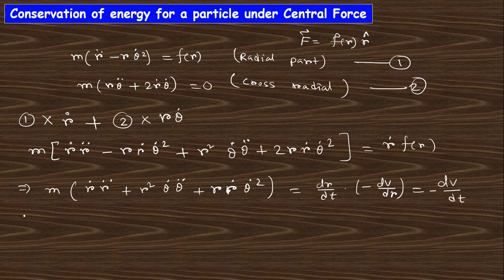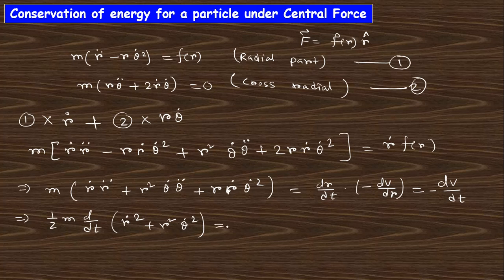So you can write minus dv dt, and this can be written as half m d/dt of r dot square plus r square theta dot square. Just take the derivative: you will get 2 r dot r double dot, and for the next term r square, 2 r dot, here the half is given, 2 theta dot theta double dot, and you will get 2 r dot theta dot square.